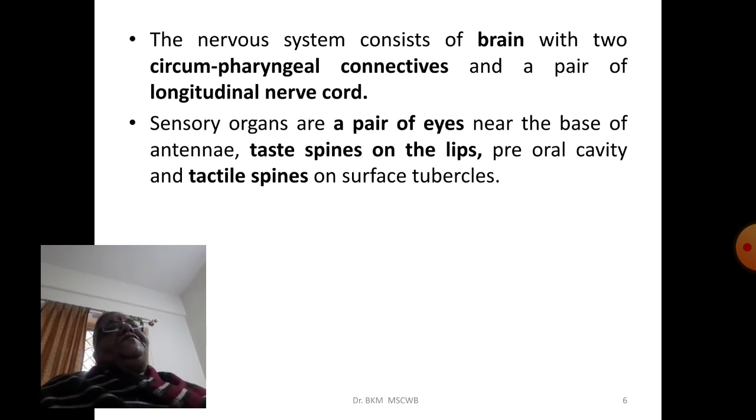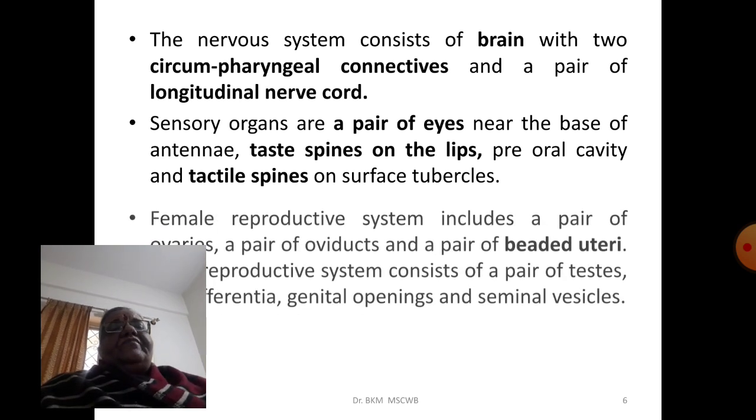You must have seen in the photographs. In the head region you find a pair of sensory structures which are called antennae. At the base of them you find a pair of eyes. Then you find taste spines on the lips and in preoral cavity, and tactile spines on the surface tubercles. Okay. This is the status of nervous system and sensory organs in Peripatus.